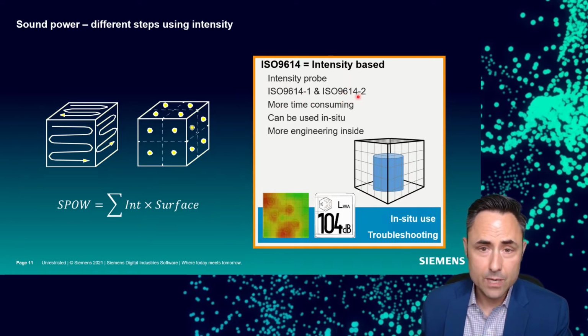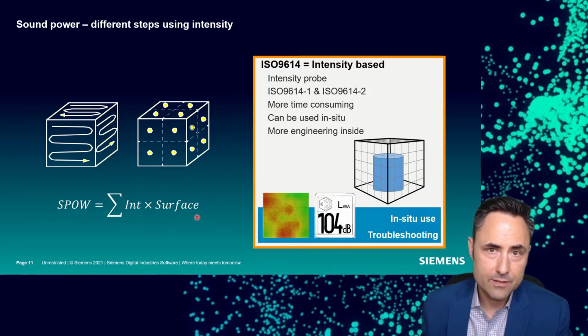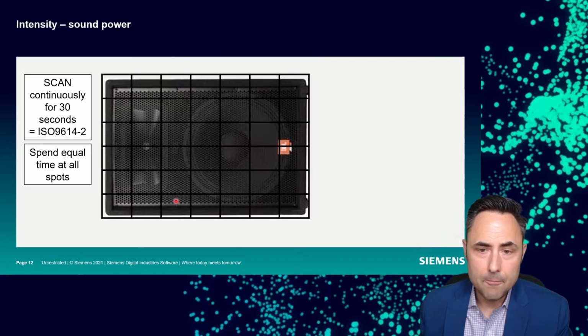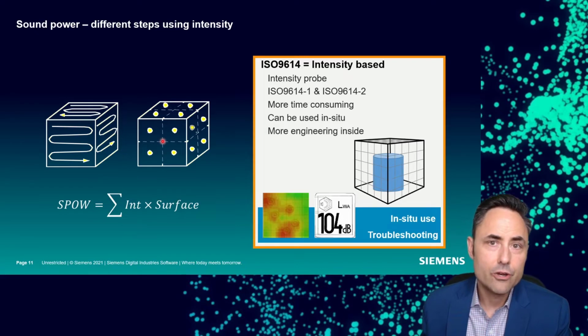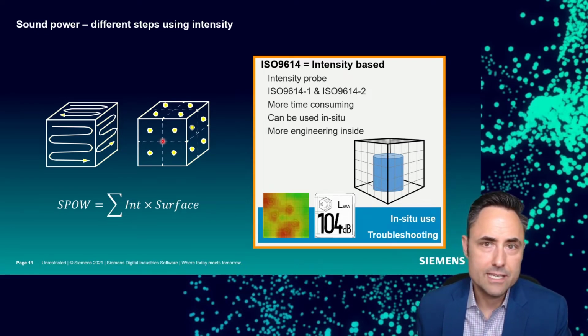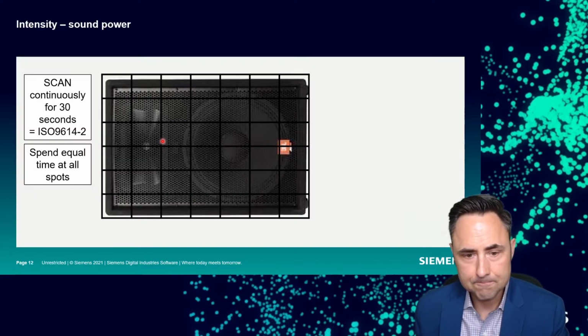The difference between these is that one of them is known as the scanning method, and one of them is known as the point-by-point method. They'll both allow you to get to the sound power by summing up your intensity and multiplying by the surface area. But this point-by-point method is going to give us a little bit more information. Let's take a look at an example and see how this works.